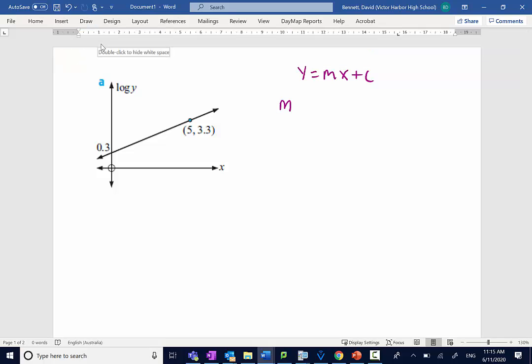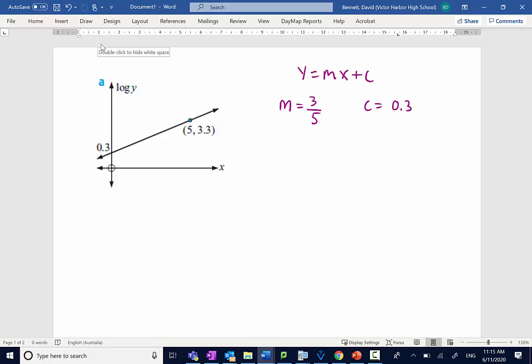Right, so if we're looking at our m value, the slope, well, we're rising from 0.3 up to 3.3. So this one's going up 3, and it's going from 0 in the x-coordinate to 5. So the slope of that's going to be 3 on 5. And our y-intercept, which we call our c value, is going to be 0.3.